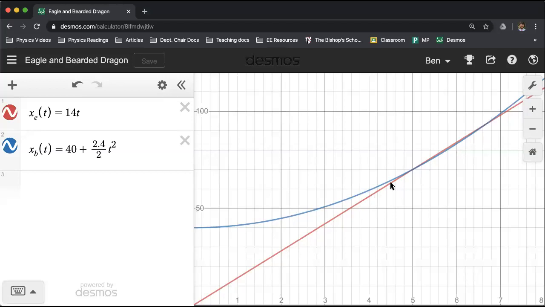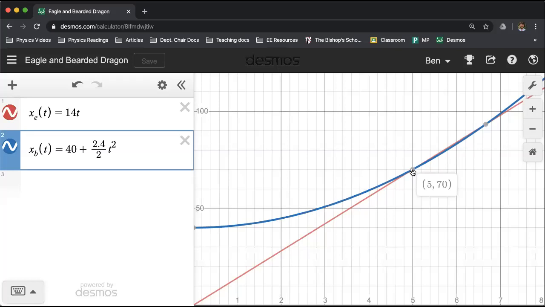And the bearded dragon's position increases quadratically. You can see that there is an intersection point right here at 5. So this tells us both that the eagle catches up to the bearded dragon at 5 seconds, and also that it happens 70 meters from the initial position of the eagle, or 30 meters from the initial position of the bearded dragon. So that's kind of cool.